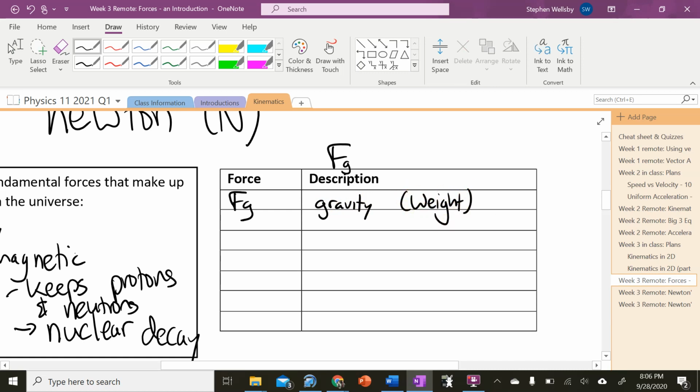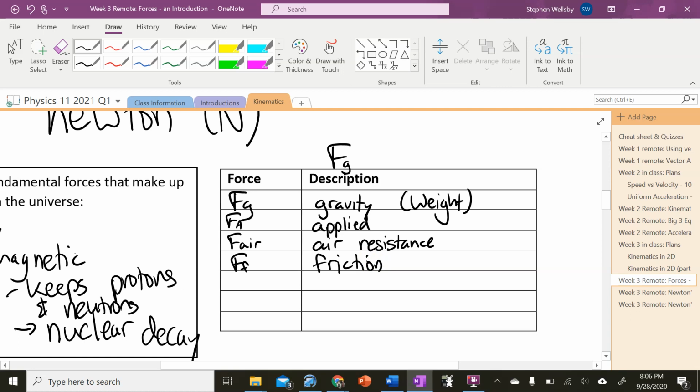Another name for the force of gravity is weight. We have Fa, which is some sort of applied force, like if you're pushing or pulling on an object. You might think of air resistance. Ff is the force of friction. We'll be dealing with that one quite a bit.